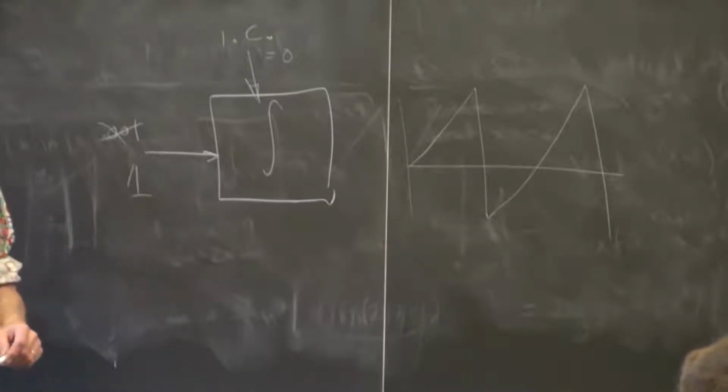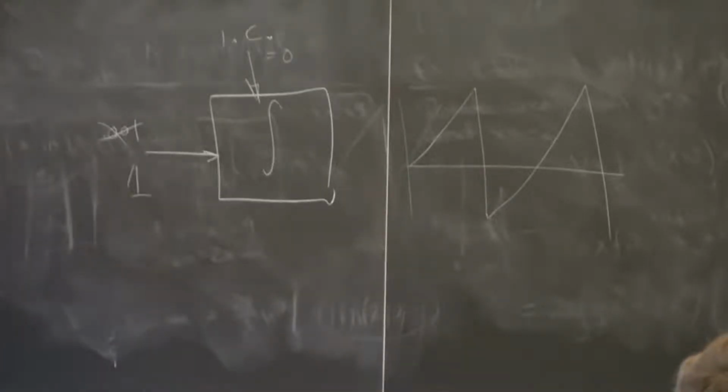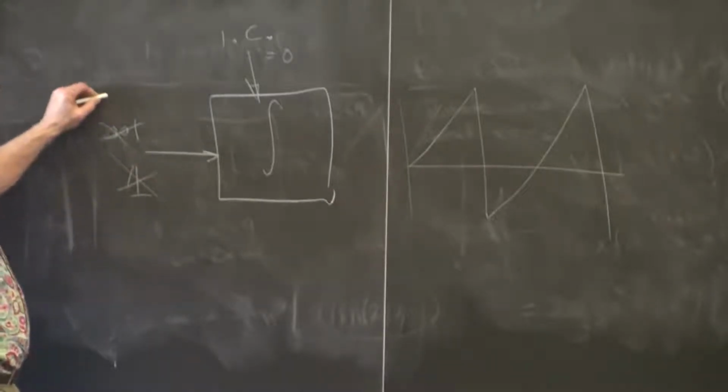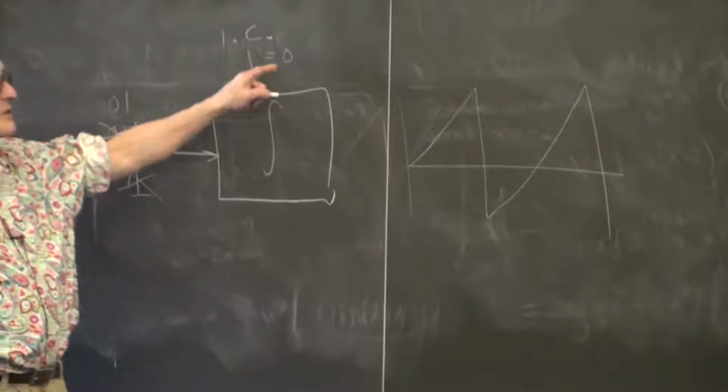So it's working correctly, but because of the finite range of the fixed point system, it's overflowing essentially on every time step, or every 2 time steps. So if you're going to test an integrator this way, give it a small input and a 0 initial condition.